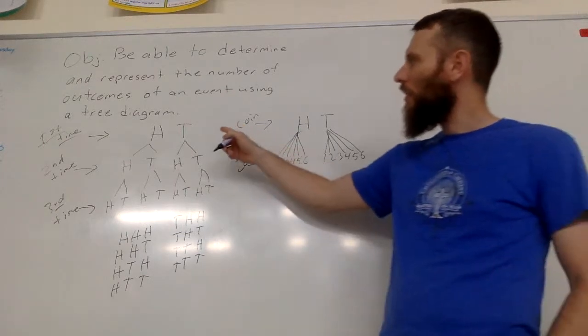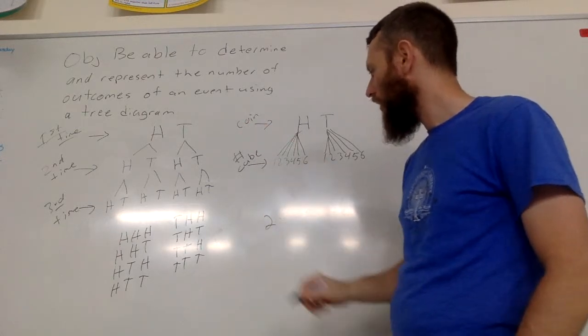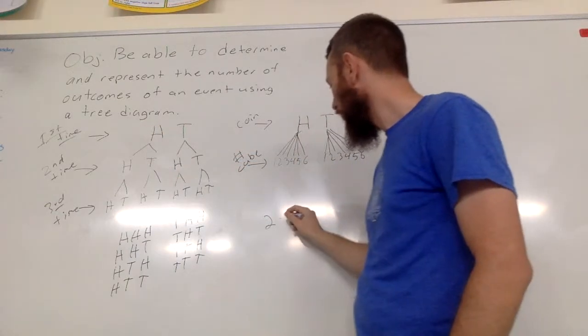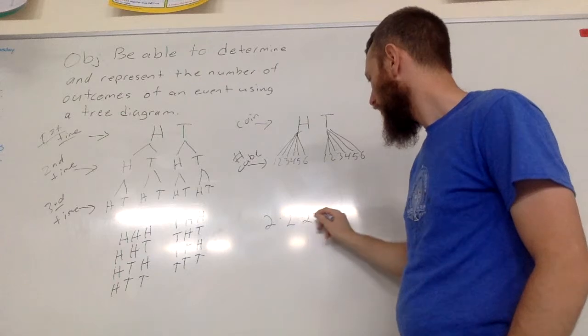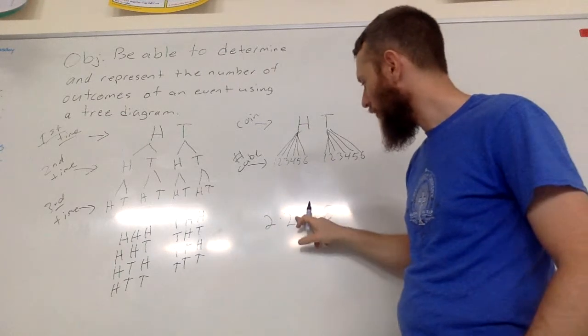So if I go back to the counting principle, there were 2 possible outcomes for the first flip, 2 for the second flip, and 2 for the third coin flip, right?